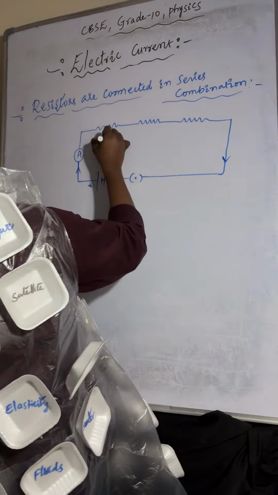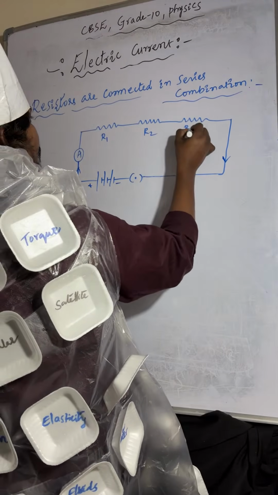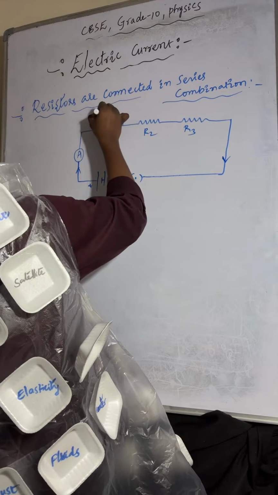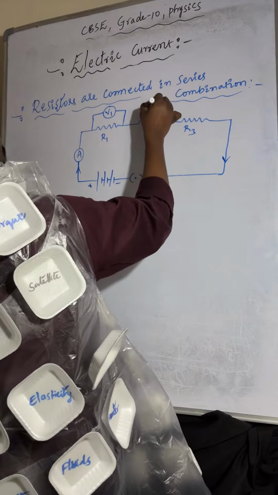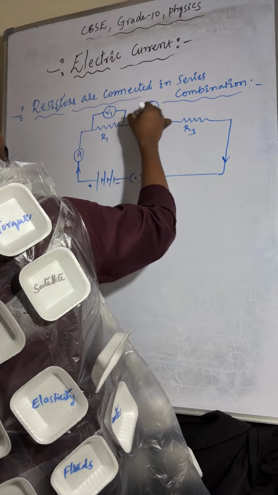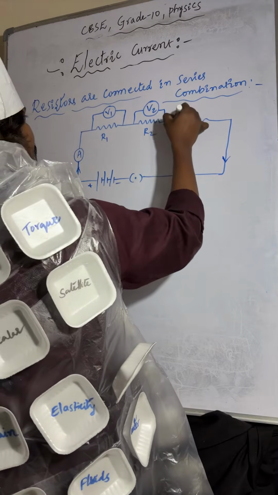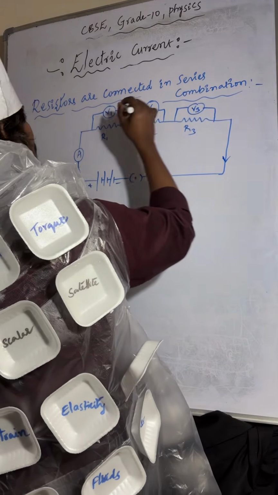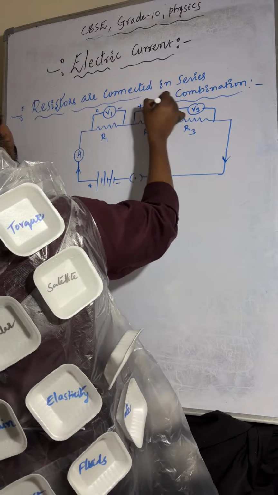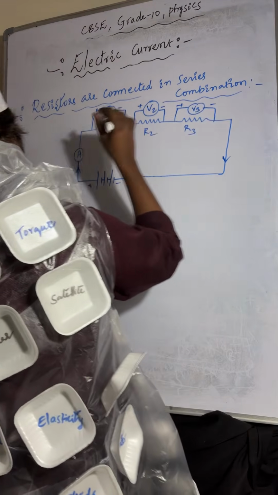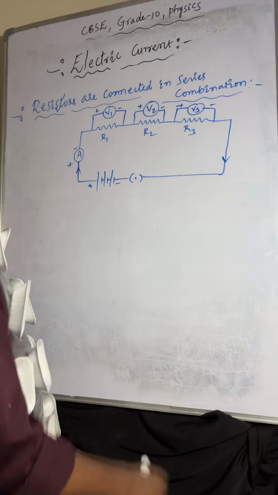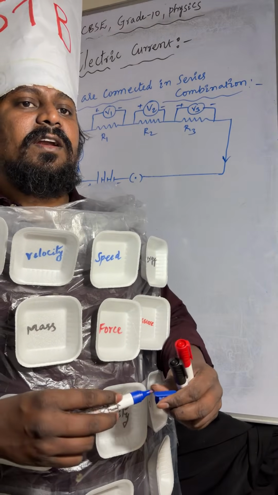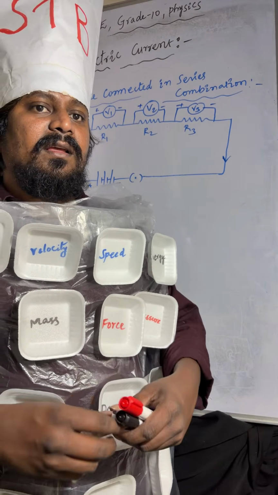Across R1, R2 and R3, I am connecting voltmeters: across R1, V1; across R2, V2; across R3, V3. Here you can observe. Understood?